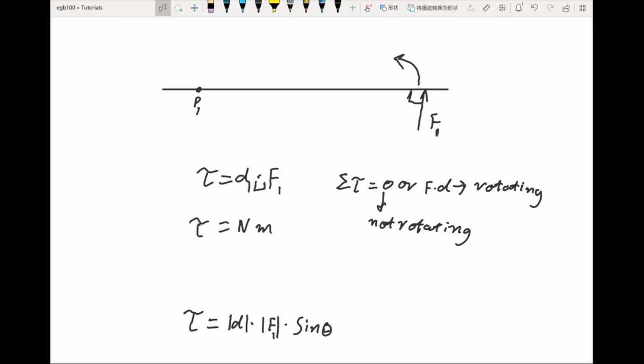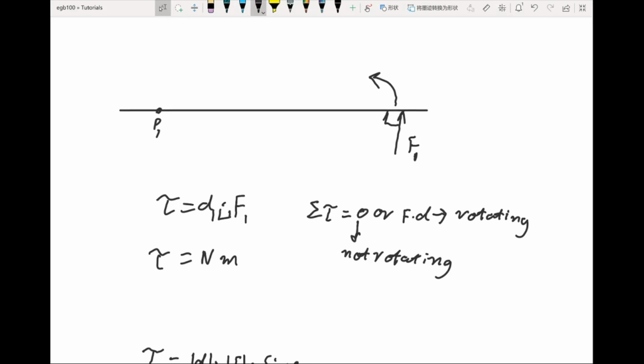If we go back up here, we draw another force in, say here. This is the distance. This is the angle theta, right here.